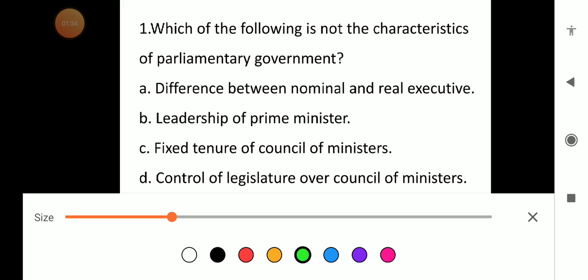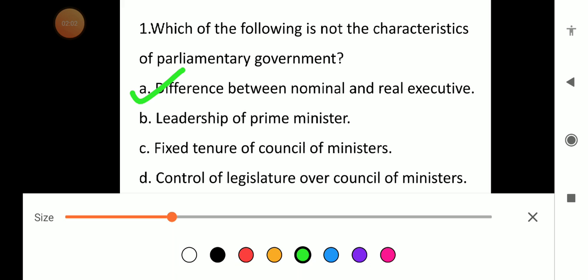There the nominal executive is the monarch, the king or the queen, and the real executive is the parliament and the prime minister, right? In our country, the president is the nominal executive, whereas the prime minister with council of ministers is the real executive. So this answer is right. It is a characteristic of the parliamentary form of government.